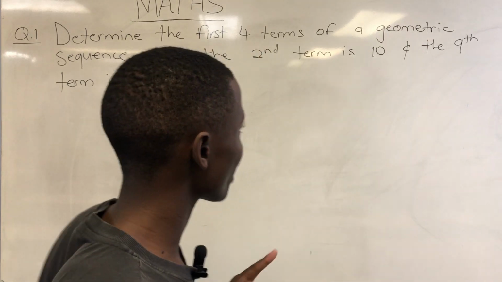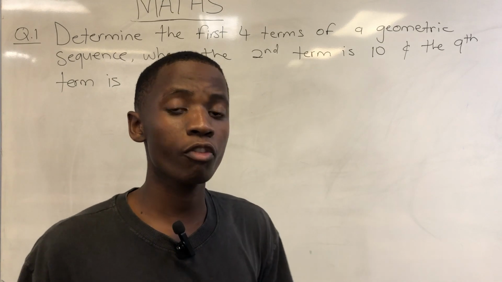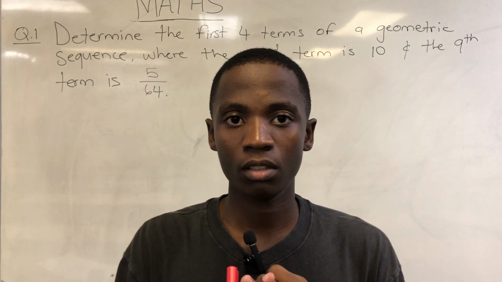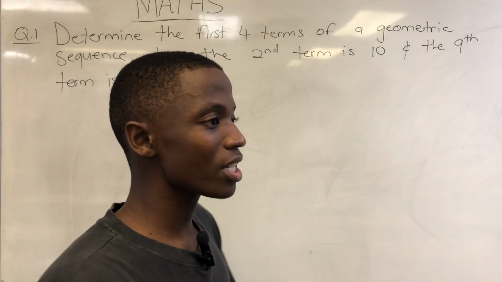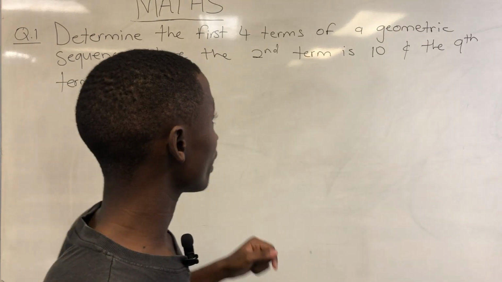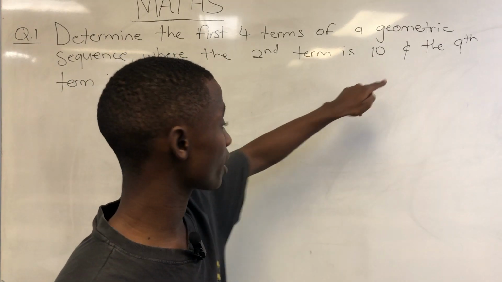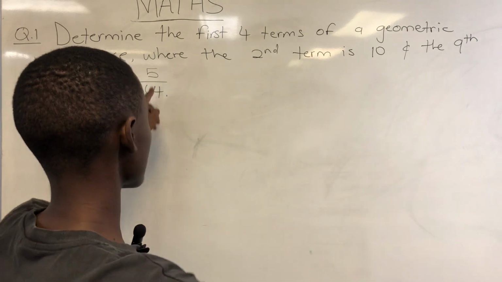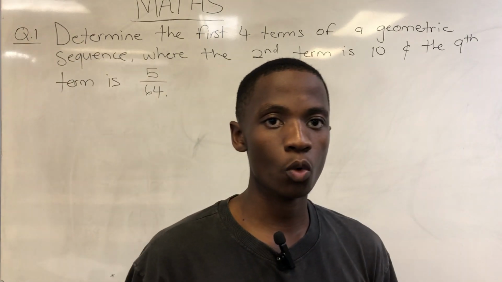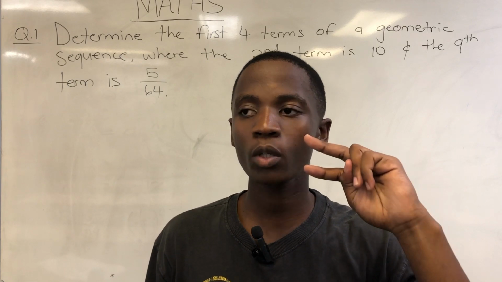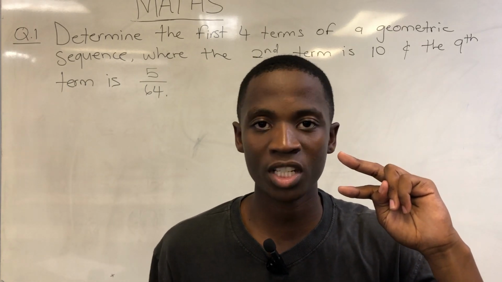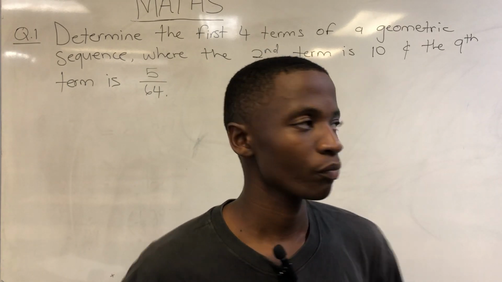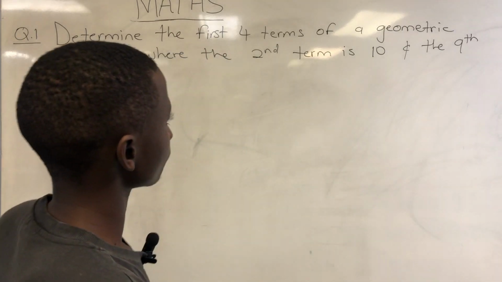But in this particular case, we are going to formulate two equations. The first equation will be composed of the second term, which is 10, and the second equation will be composed of the ninth term, which is 5 over 64. So we are going to formulate those two equations in this particular sequence.